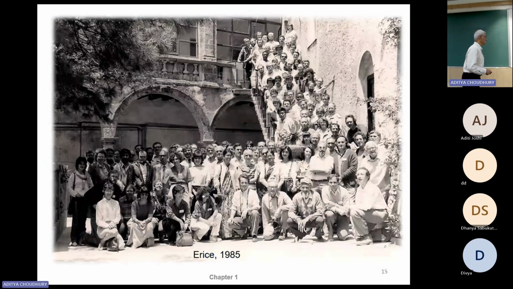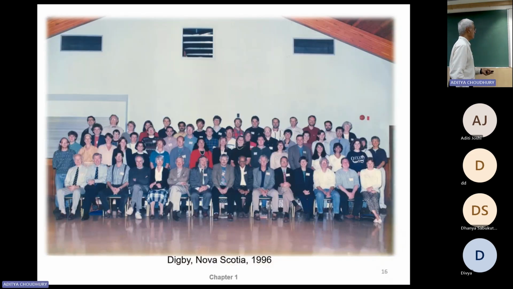Of course, the first meeting on crystal engineering was held in Erice. That was the first meeting because it's a recent field. Initially it was just crystal structure determination and then interest in molecular structures. Later they started looking at the interaction between the molecules and what it can do to improve the properties of solids.